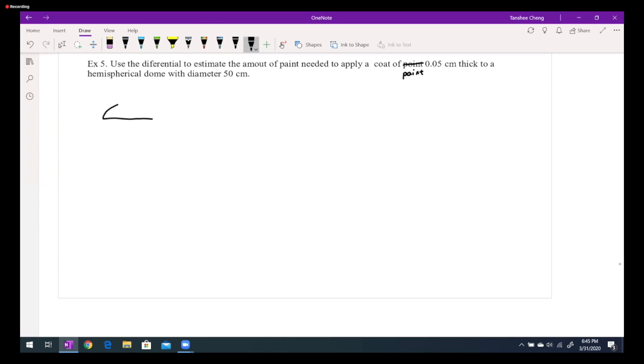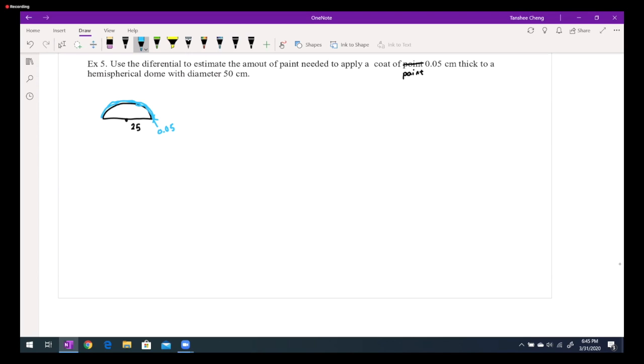Here's a hemisphere, and we know that this diameter is 50, so the radius is 25, and we are trying to apply a coat of paint on top of this hemisphere. That is the thickness of the paint right here. The given thickness must be 0.05 centimeter.